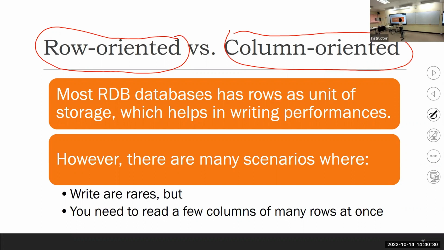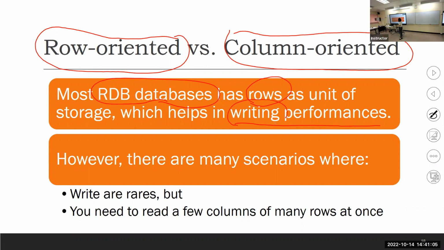In most of the relational database operations, everything will be referring to rows as a unit of storage. And in that case, writing performance could be optimized as well because we write one entire row at a time. When it is retrieved, the database system also retrieves a particular block of the entire row at a time.